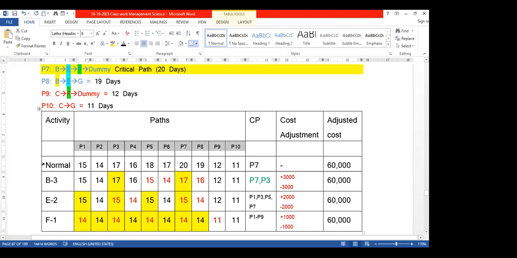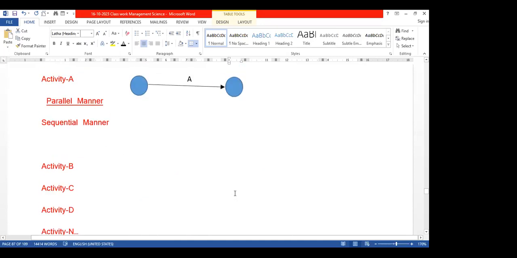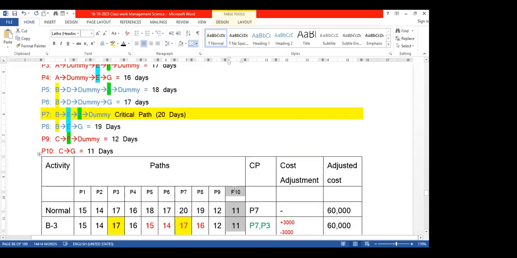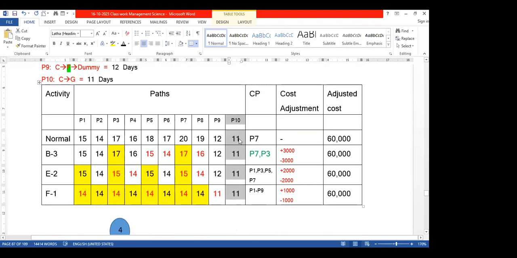Actually P10 we don't need to consider because that is less than our minimum duration. The minimum duration, how many days? 13 days, no? This is less than that. Therefore, we don't need to consider P10, but anyhow, I have incorporated that also.